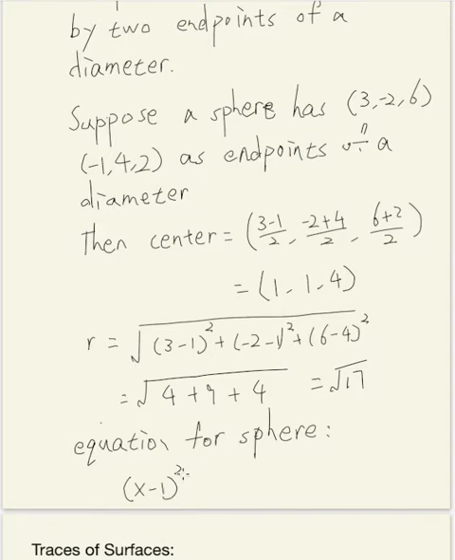Remember that we're using the standard form, so it's (x minus 1) squared plus (y minus 1) squared plus (z minus 4) squared equals r squared. Okay, so it's this equals 17.